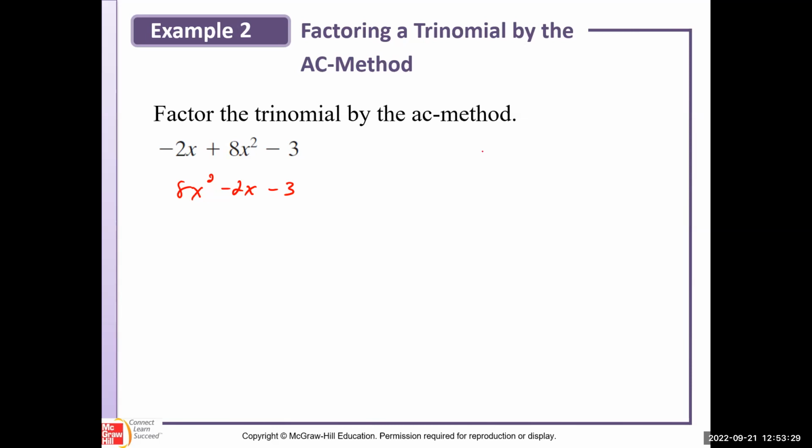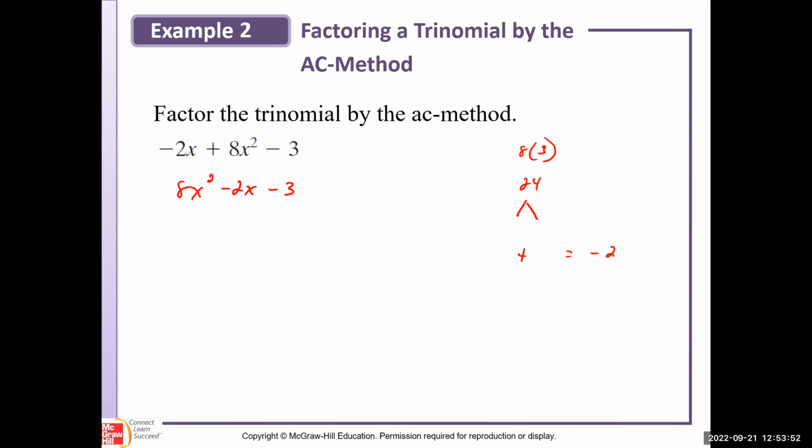And so 8 times 3 is going to be 24. So we're looking for factors of 24 that are going to add up to negative 2. That's what we're looking for here, to try to solve this one, if you will.